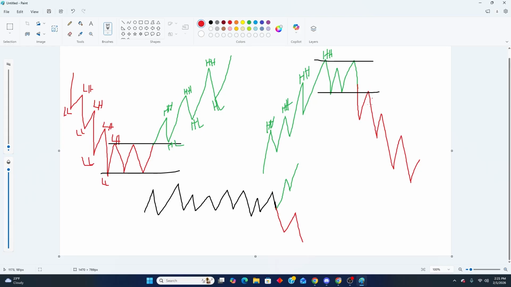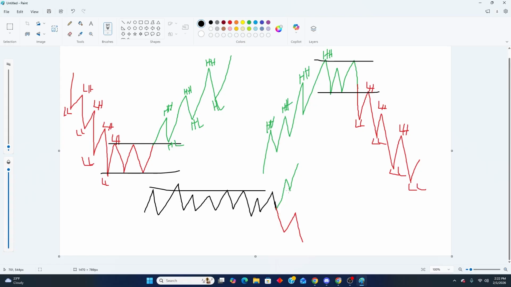We begin to shift into lower lows and lower highs. You feel me? All it is vice versa.